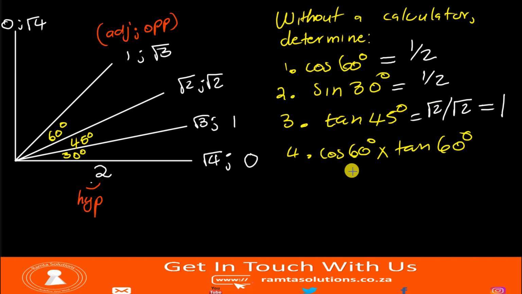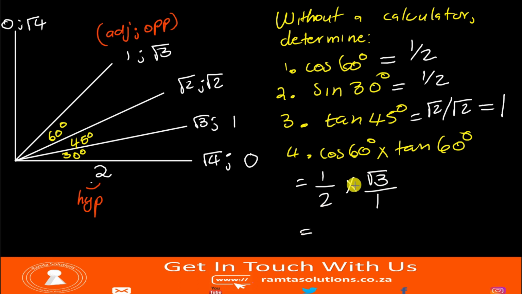Now, let's determine this one here: cos 60 degrees times tan 60 degrees. Again, we go into the 60 degrees line. Cosine is adjacent over hypotenuse, so adjacent is 1 and hypotenuse is 2. Tangent is opposite over adjacent, so the opposite is root 3 over 1.